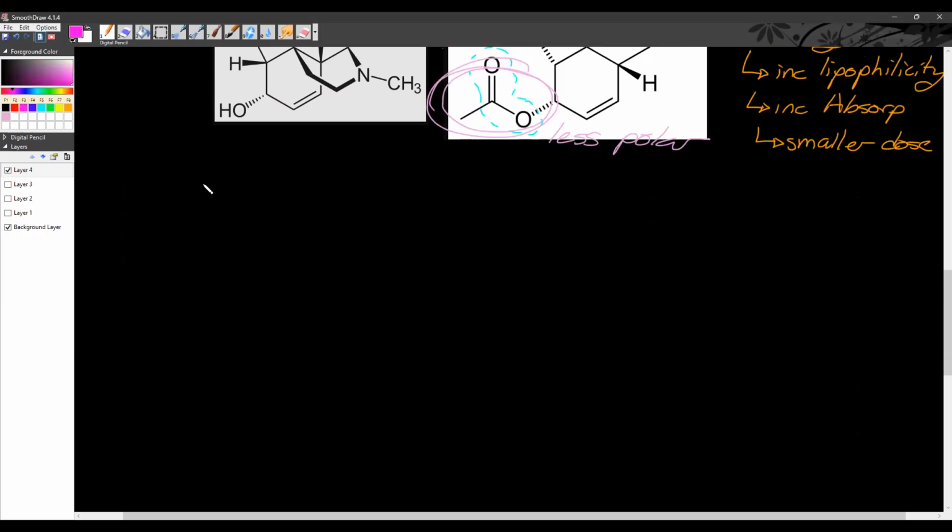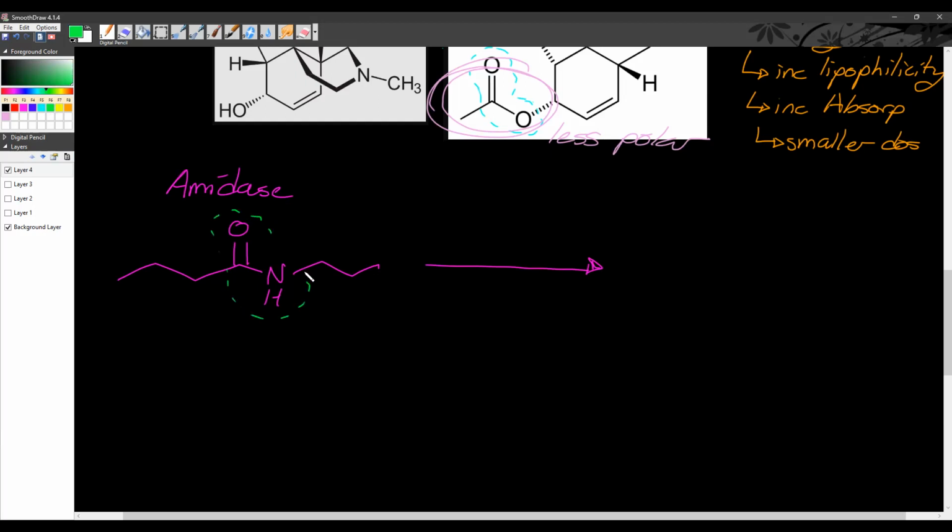All right. Amidase. Very similar to an esterase is amidase. Amidase is where you take some sort of amide functional group and run it through this enzyme.